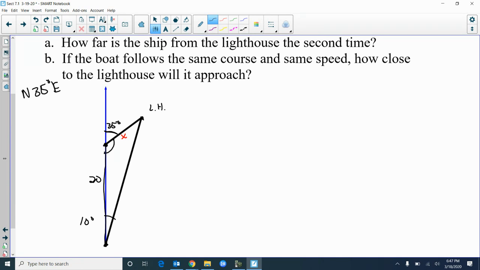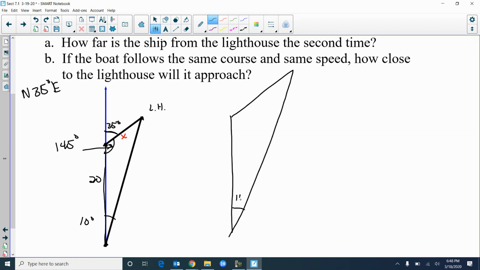Well, all you have to do is take 180 minus 35, and that's going to give us 145. So that angle there is 145. So really we have this figure here. This is 10 degrees. This is 145. This is what we're looking for, x, and this is 20.